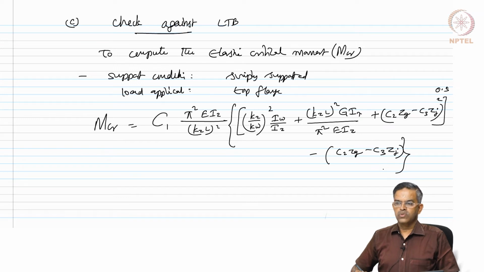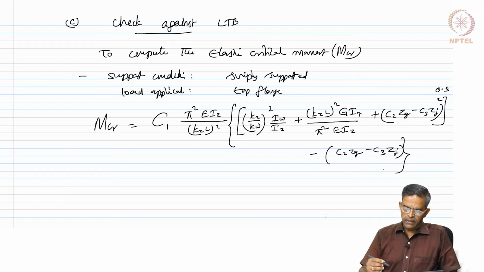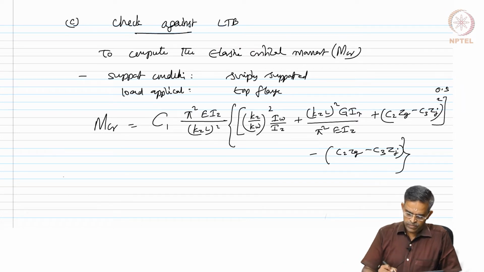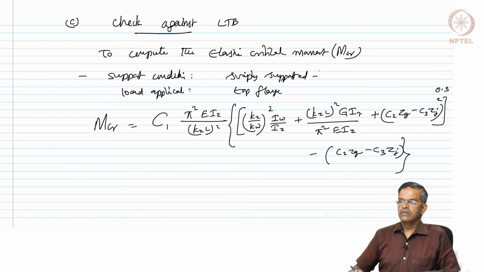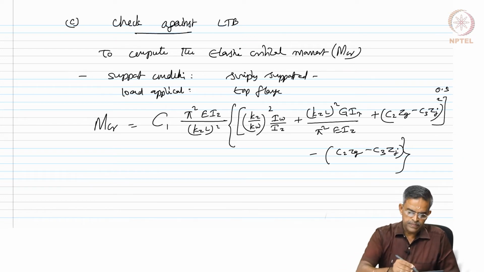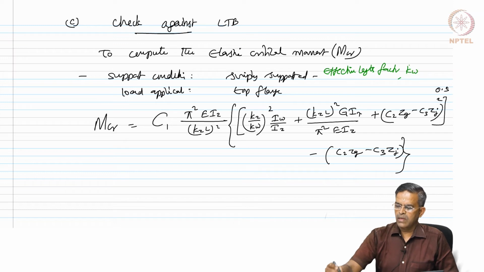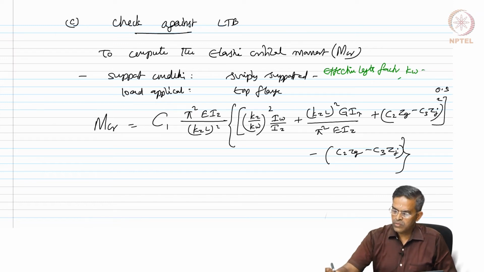So, now we have to use the figures and tables. The conditions are the beam is simply supported, therefore the effective length factor, which is Kw, which is also equal to Kz, is 1.0.